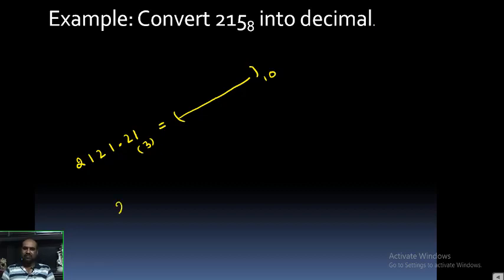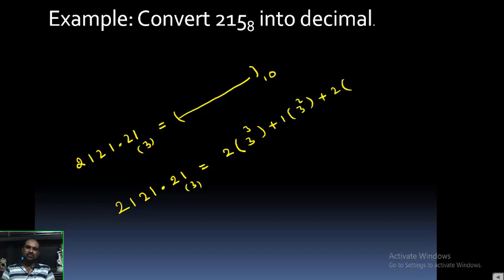According to this theorem, 2121.21 base 3 can be written as 2 into 3 cube, since 4 digits are there, plus 1 into 3 square plus 2 into 3 power 1 plus 1 into 3 power 0 plus 2 into 1 by 3, this is the interesting step, plus 1 into 1 by 3 square.